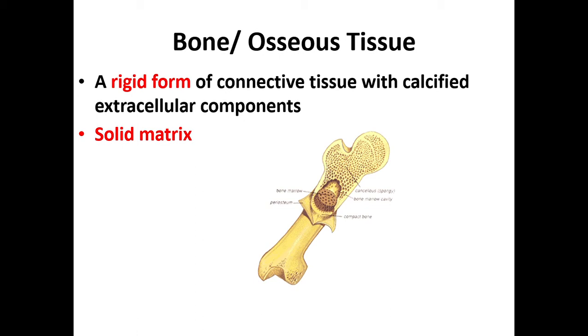So it means that it has a solid matrix. The solid matrix deviates from the ECM of the connective tissue proper in the body, which is gel-like in nature.